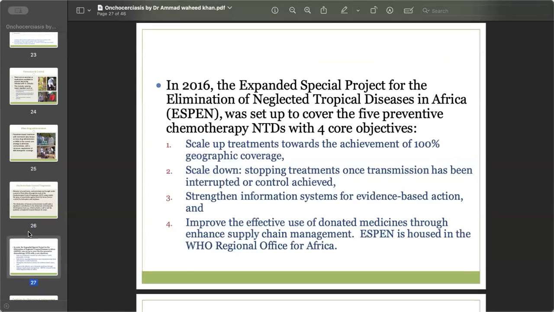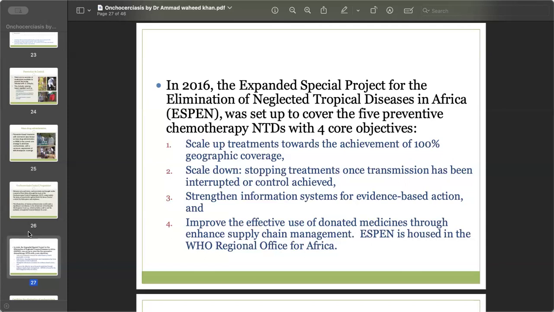In 2016, the Expanded Special Project for Elimination of Neglected Tropical Diseases in Africa, ESPEN, was set up to cover the five preventive chemotherapy NTDs with four core objectives: scale up treatment toward the achievement of 100% geographic coverage; scale down, stopping the treatment once transmission has been interrupted or controlled; strengthen information systems for evidence-based action; and improve the effective use of donated medicine through enhanced supply chain management.